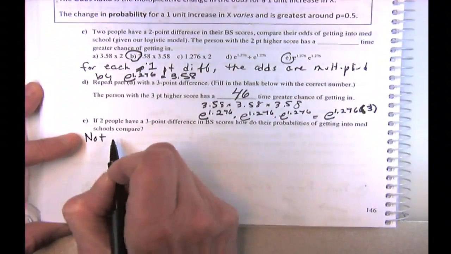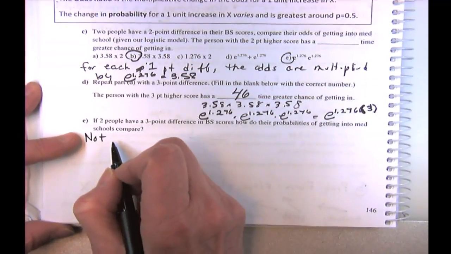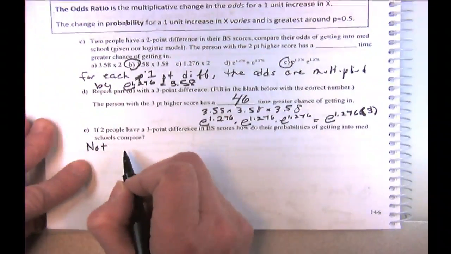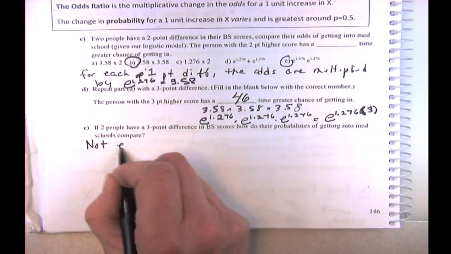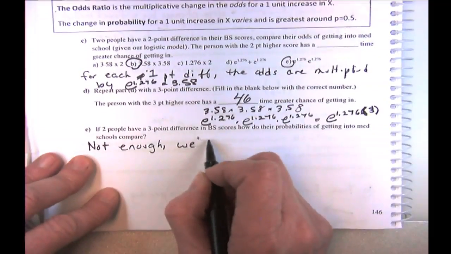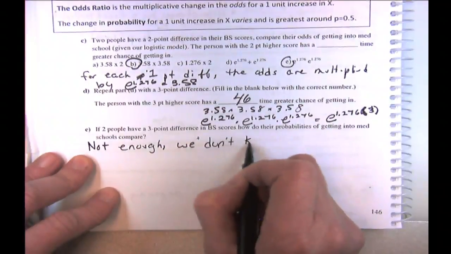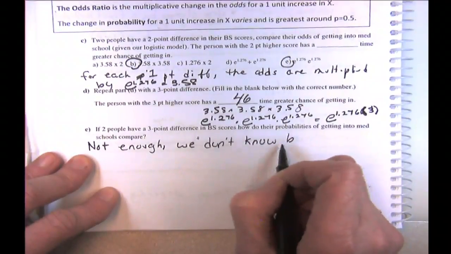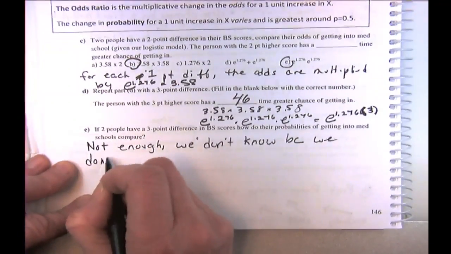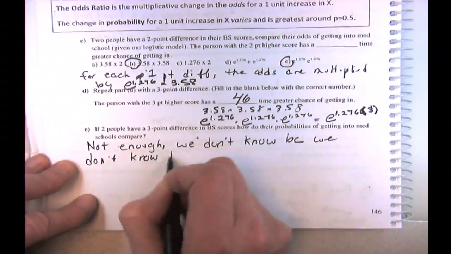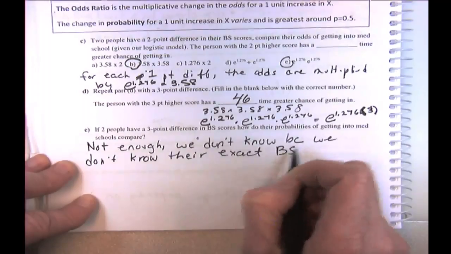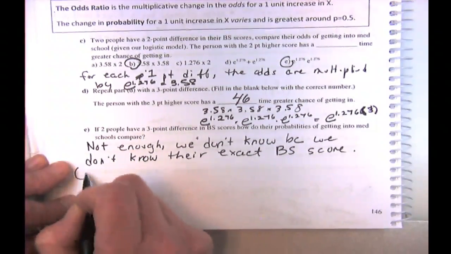It's going to be different going from a score of 6 to 9 than it is from 9 to 12. So not enough info, because we don't know their exact scores.